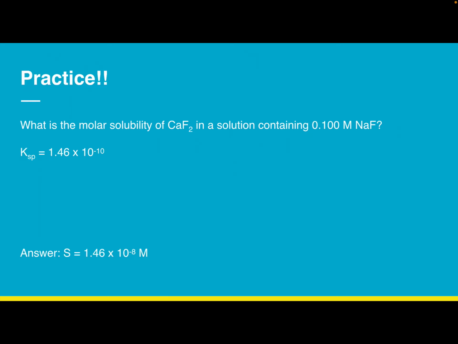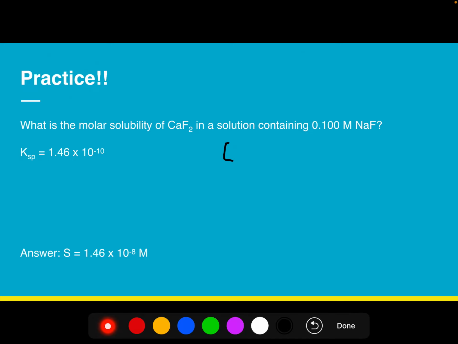Well, how you would do this is you would say, okay, we have our calcium 2+ and our fluoride, and obviously there's 2 of them, but we're going to start with 0.1 molar here, and then we have 0 of the calcium for our initial.